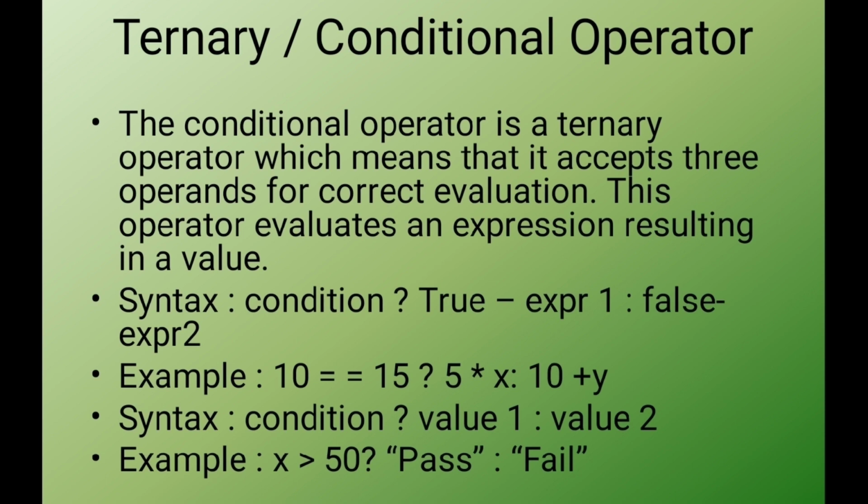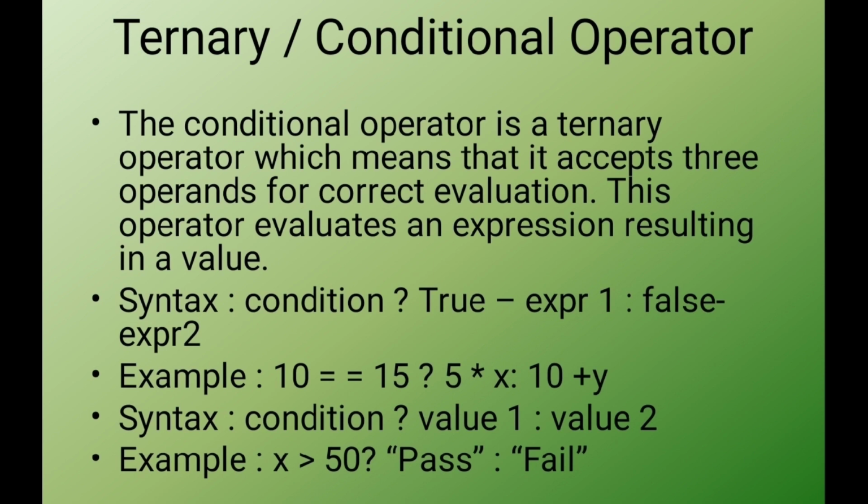Consider the example. First, 10 equal to 15, condition 5 multiplied by x. In that case, if 10 is equal to 15, then 5 is going to be multiplied by the value of x. Otherwise, 10 is going to be added with the value of y.